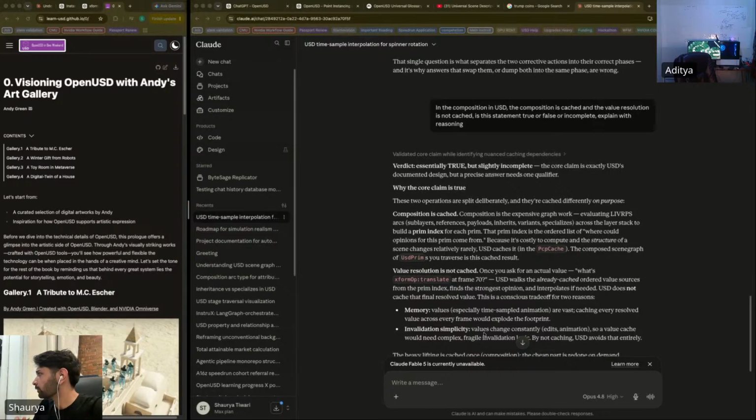Composition is the expensive graph work evaluating arcs across the layer stack to build a prim index for each prim. That prim index is the ordered list of where opinions for this prim could come from. Because it is costly to compute and the structure of the scene changes relatively rarely, USD caches it in the PCP cache, the prim composition cache.